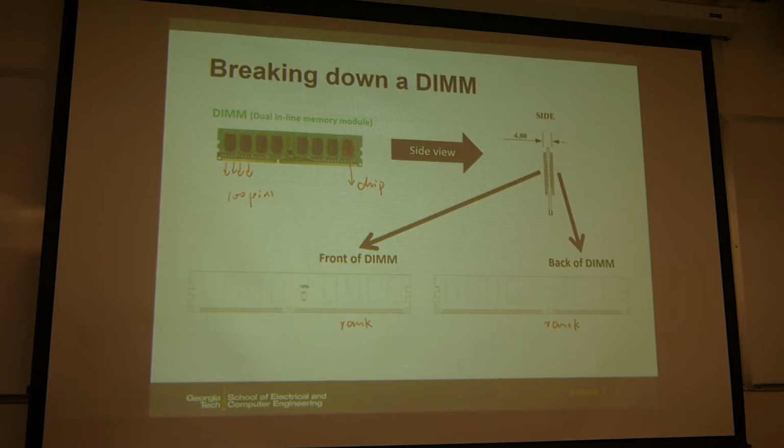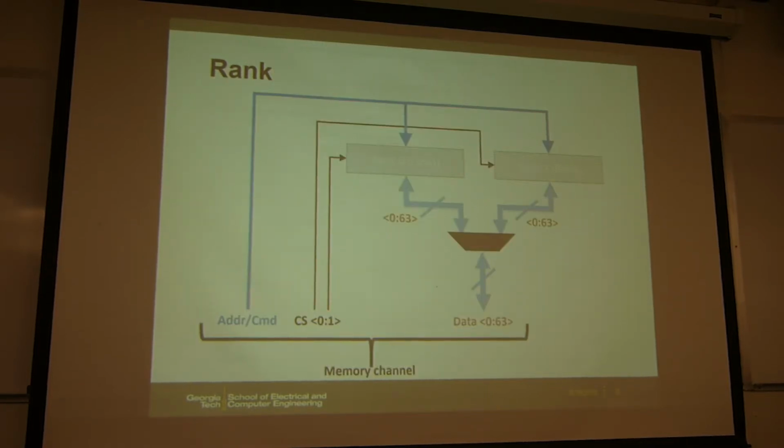Of course, you may have additional pins for control, but you will have 64 pins for the data transfer. That means the current flows in and out from those pins to the circuit board first, and then to the package, and then to the chip. So this is a rank and chips.